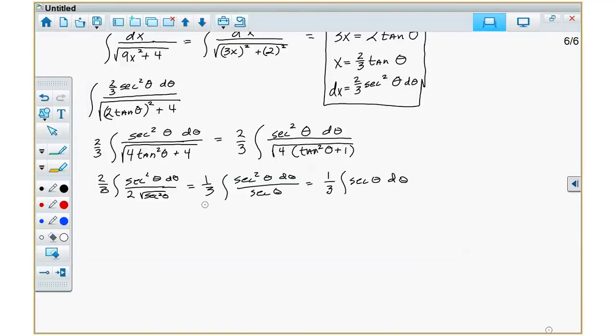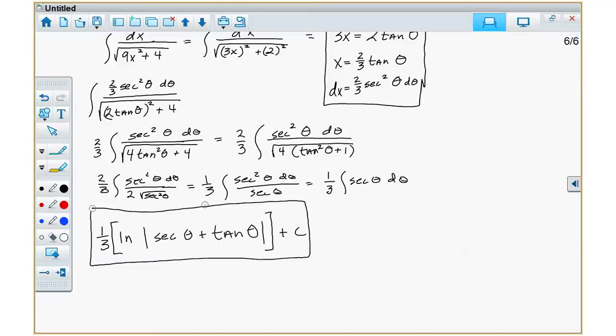So that's going to be 1/3 the natural log of the absolute value of secant theta plus tangent of theta. Okay, now this is your setup, but it's not the answer because now you've got to put it in terms of what? Using your key up there.